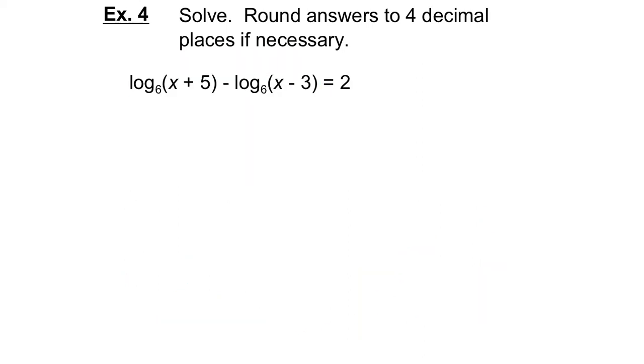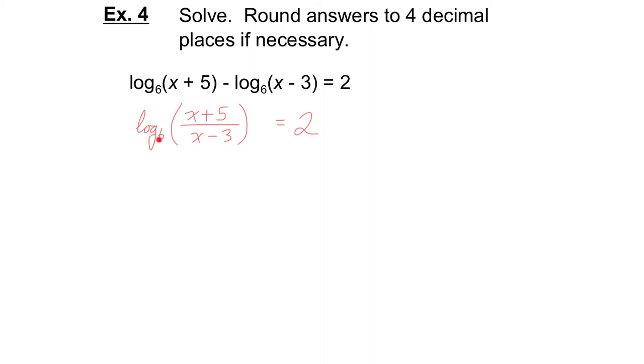This last example is very similar in that we have logarithms with the same base. They both have the unknown in them, so we're going to simplify this down to a single logarithm. Because we're subtracting this logarithm, that means I'm dividing by the x minus 3 in here.